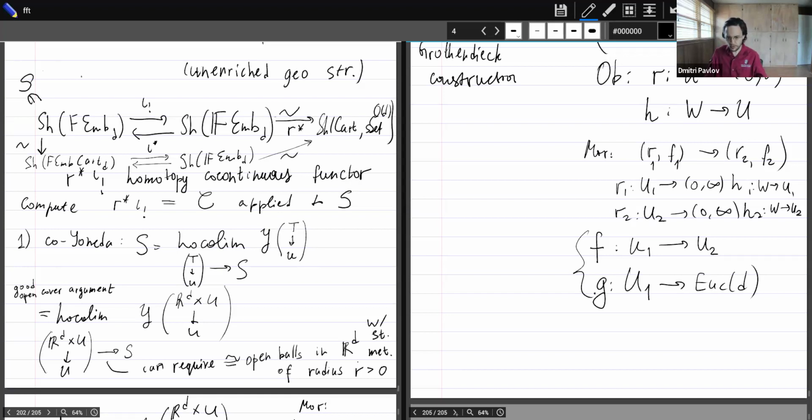That's the gate of a morphism, and the conditions that have to be satisfied are: one is a stupid condition induced from the Grothendieck construction, that the diagram consisting of W, U1, U2, H1, H2, F must commute.